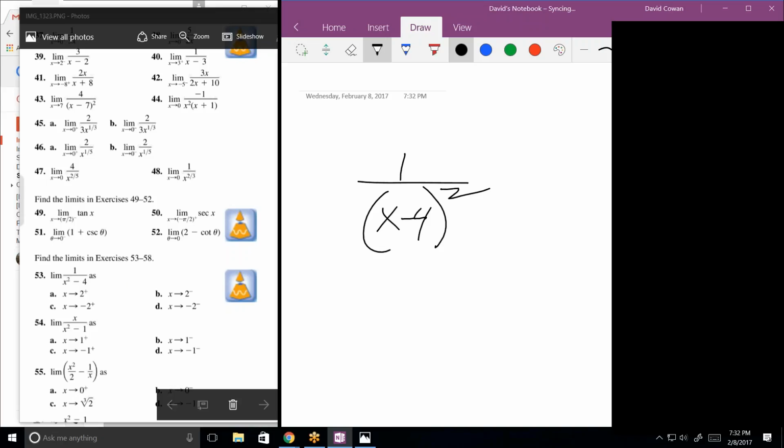They're both going to go to positive infinity. But the fact that it's 1 over x squared minus 4, that does matter because I'm not automatically squaring whatever denominator I get. I'm just squaring the x, and then I'm subtracting 4. So if this comes out to be less than 4, I'm still left with a negative denominator.